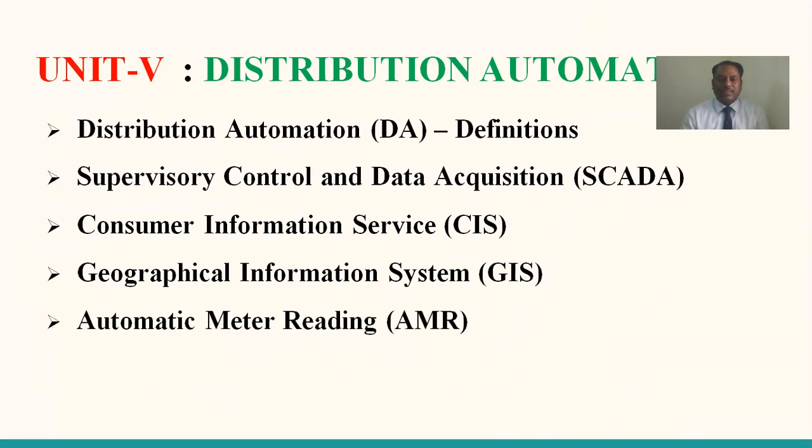So these are all a kind of technology for minimizing manpower. And automation systems, how to automate the feeder, transformers, everything. So these are the contents in which we are going to discuss distribution automation.